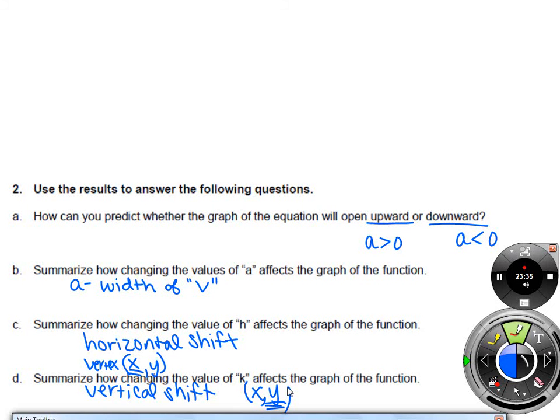I see a couple people writing still, so I'm going to wait a second. So if you didn't have the note guide, you should write the general form of the equation, and then you should make some notes about what a is determining, what h is determining, and what k is determining, so you have that information. Okay?